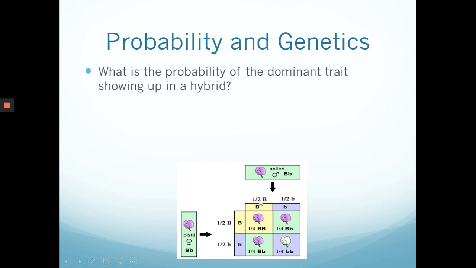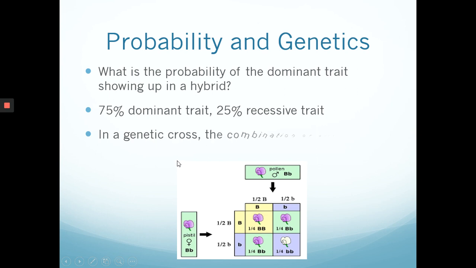We cross these 2 organisms, and each box represents 25%. So there is a 75% chance that the dominant trait will show up and a 25% chance that the recessive trait shows up when you cross 2 hybrids.